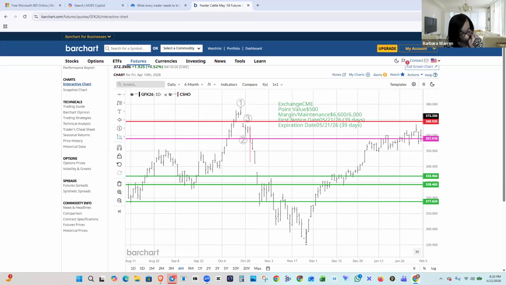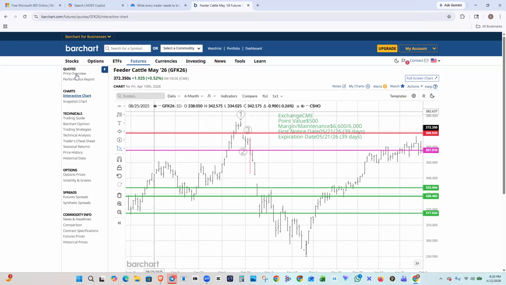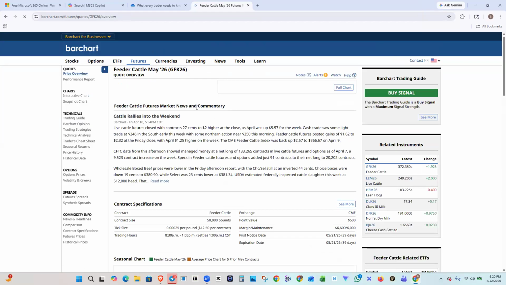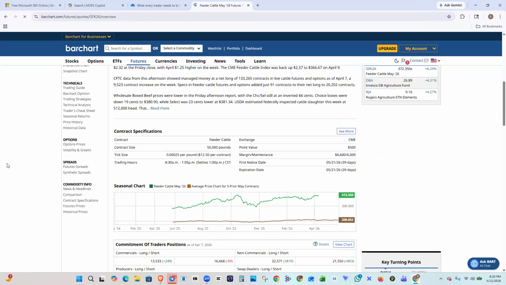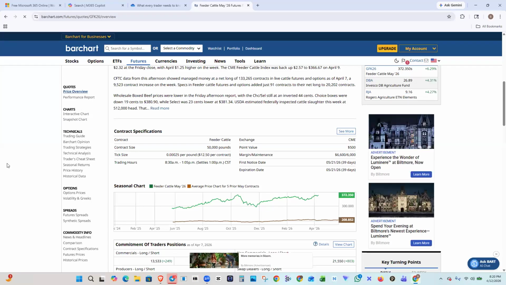Well, remember that a contract is 50,000 pounds. Okay. Can you go back to the specs? So a tick size is 0.0025 cents per pound on 50,000. Okay.